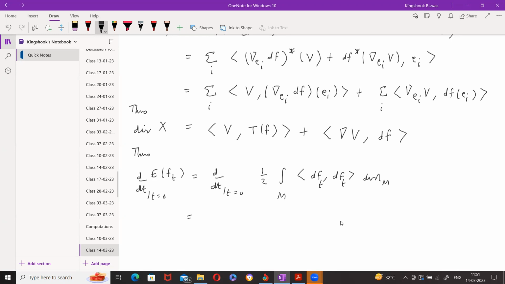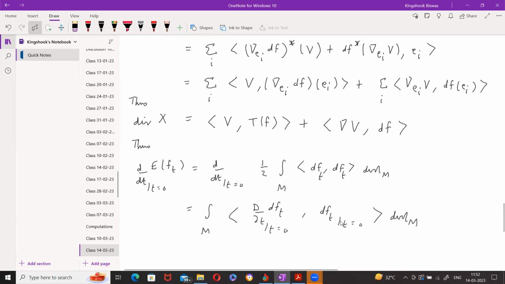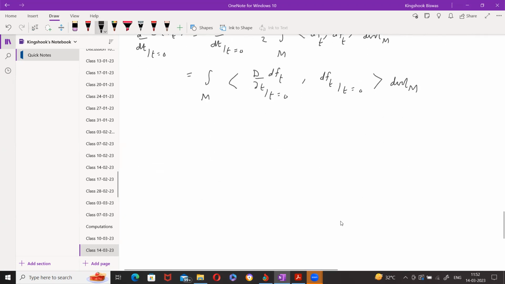And then twice that, so the twice and the half will cancel. So this will become the integral over M of the inner product of the covariant derivative D/dt at t equal to 0 of dFt with dFt at t equal to 0, d vol M. Now, we computed this covariant derivative D/dt of dFt.